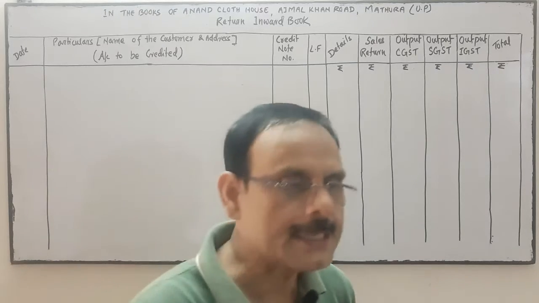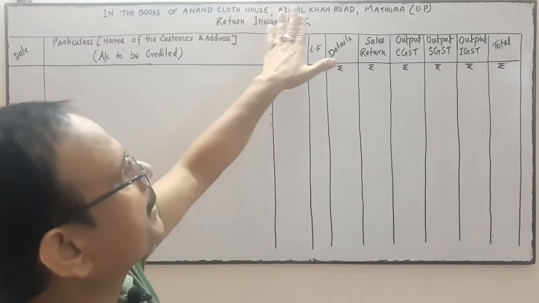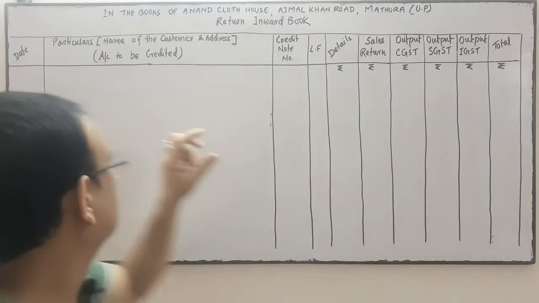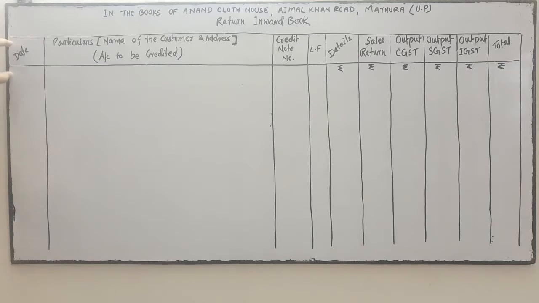Okay, this is the format of a return inward book. This is for date, on which date the goods are returned.